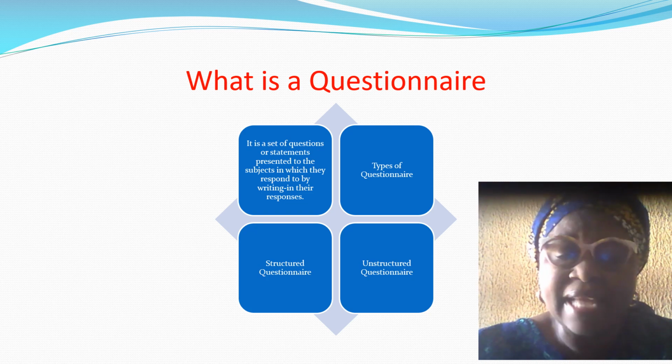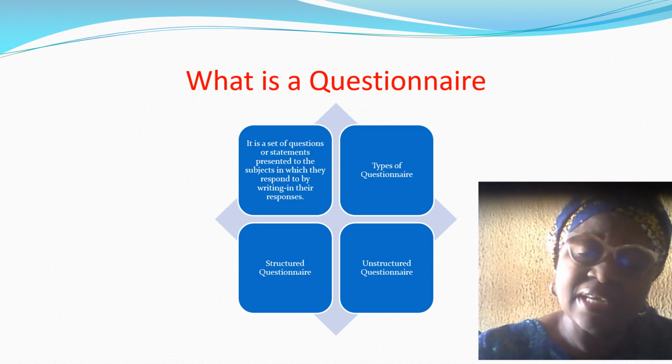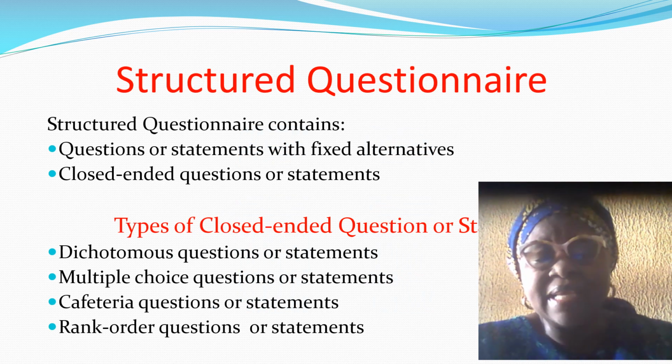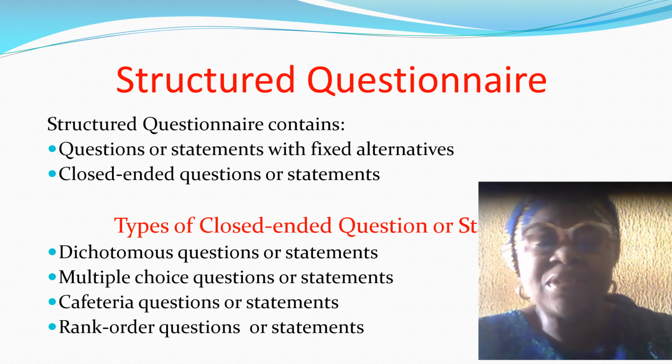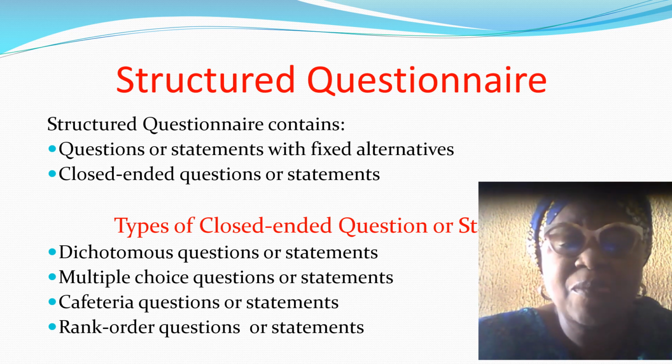There are two major types. We have structured questionnaire and unstructured. When do we say that questionnaire is structured? Structured questionnaire contains questions or statements with fixed alternatives, or they have closed-ended questions or statements.